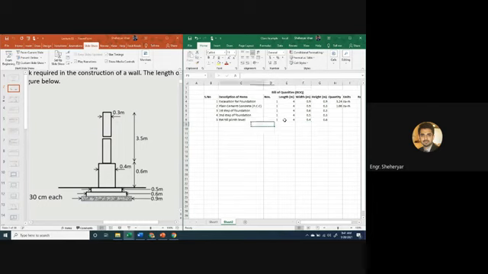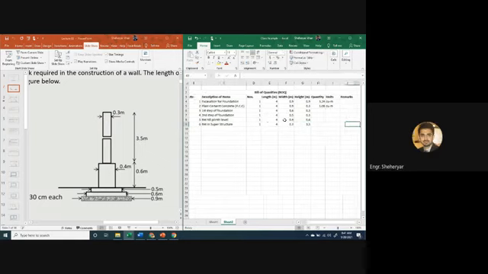Okay, fine. Now sixth item is the brickwork in superstructure. 1, there's only one wall, length will be 4 meters, width will be now 0.3 meters, and the height will be 3.5 meters. Very good.